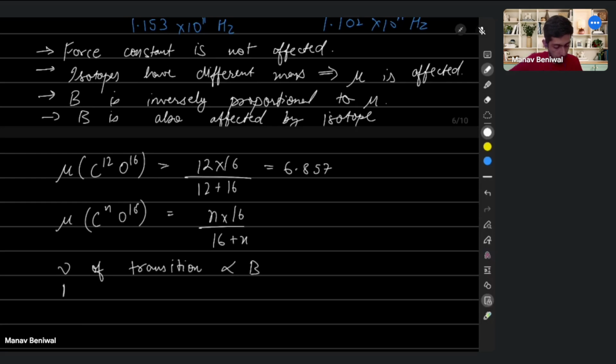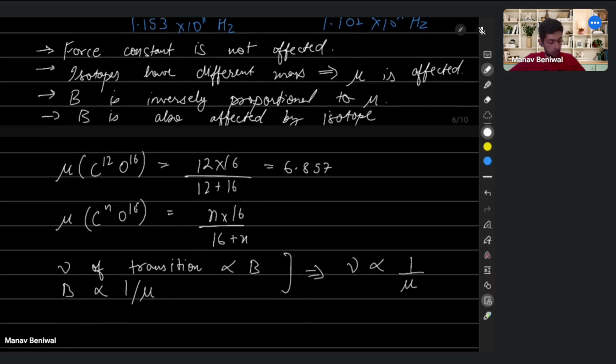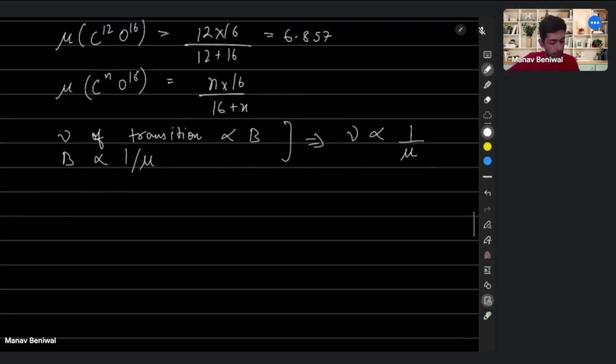So both of them combined give us that nu is inversely proportional to mu. Therefore, let's write it in terms of frequency, so nu.